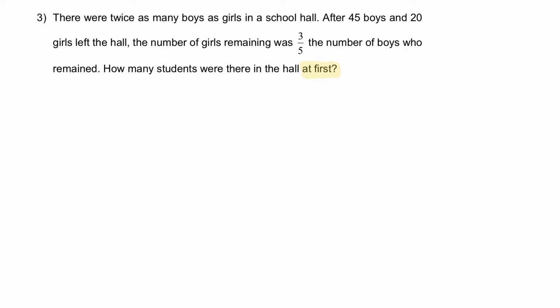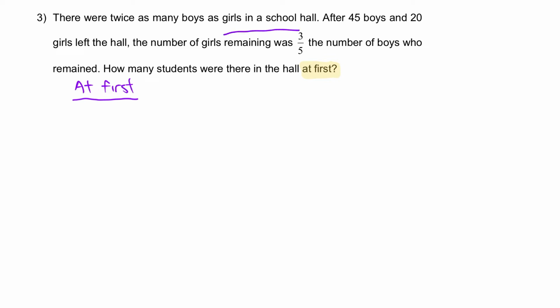So what is the last information given? Let me set it up first. I know that at the end of my model, I must get the starting model. The last information given to me is that the number of girls remaining was 3/5 the number of boys who remain.